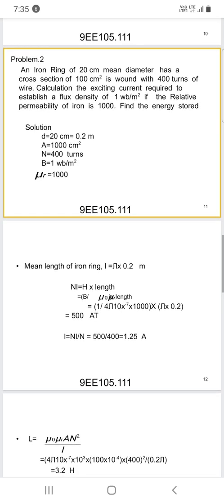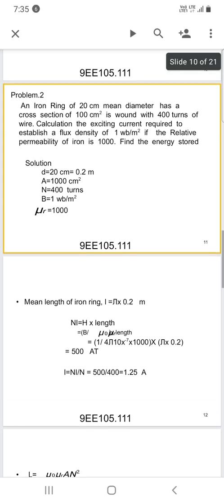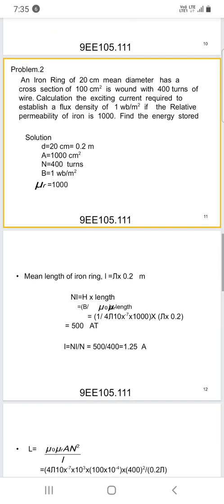Here the ring diameter is given but not the length, so we get the length equal to pi into 0.2. The relation between the diameter and the length is L is equal to pi into d. So pi into 0.2 gives the length of the ring.